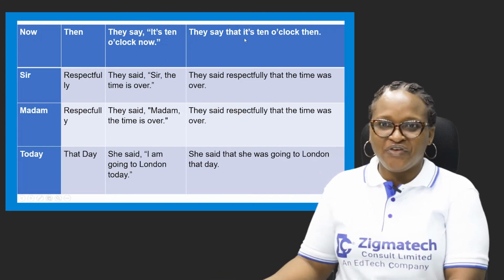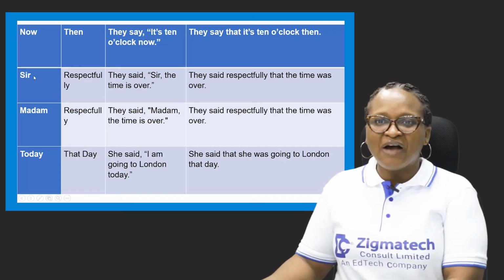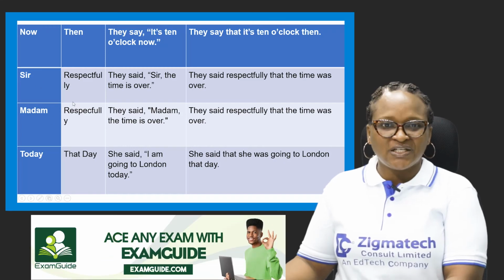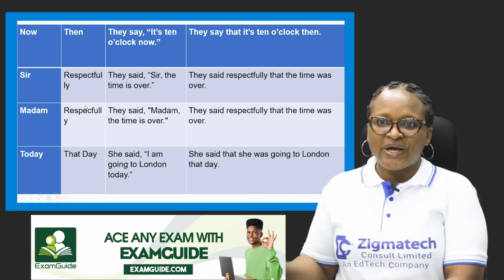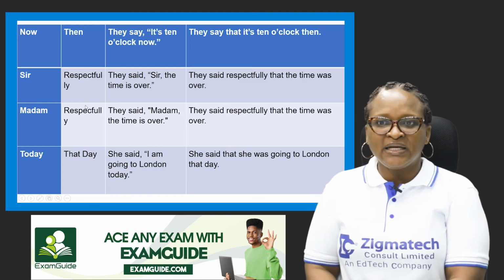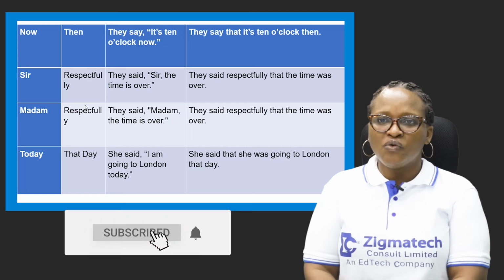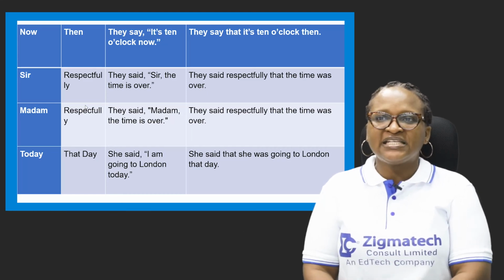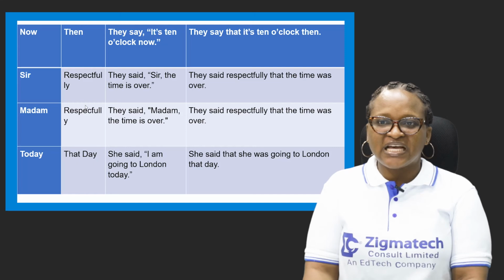Now, this one is very, very funny and somehow it's cool though. Where you have sir or madam, change it to respectfully. Sir or madam changes to respectfully. Now they said, sir, the time is over. In the indirect speech or the reported speech, they said respectfully that the time was over.